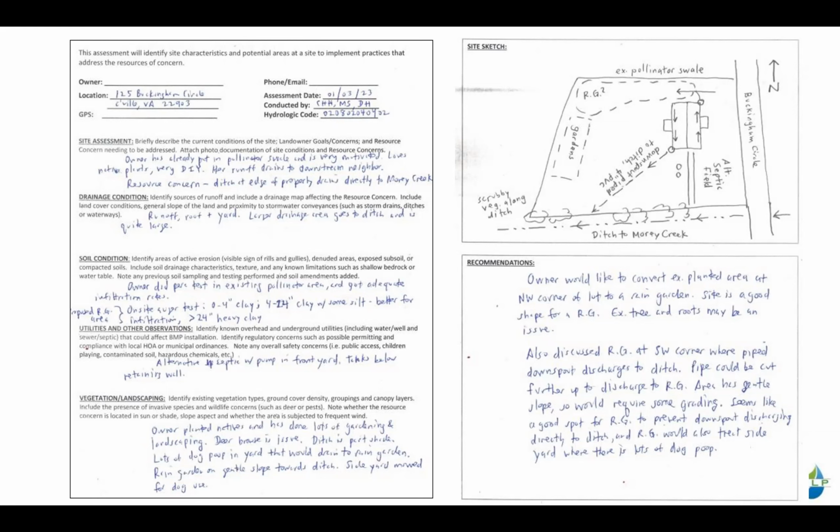Now, in terms of this document, it is a matter of time and your methodologies. On the one hand, if there's a site visit that you've gone on where a VCAP practice doesn't make sense, maybe this is the right choice because you can detail for the landowner what was discussed, and it can close the conversation and give them something as a next step.